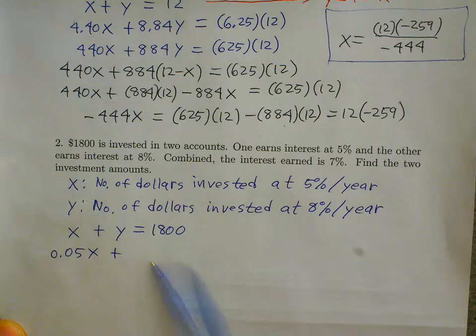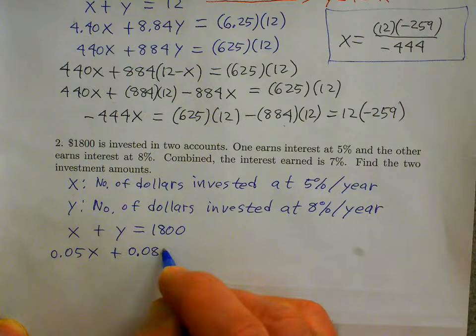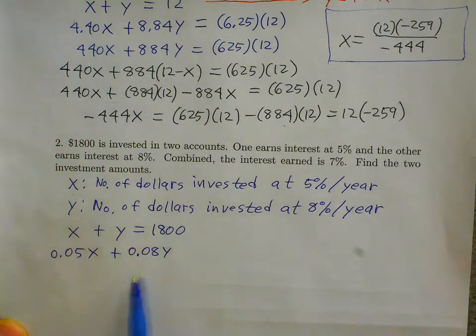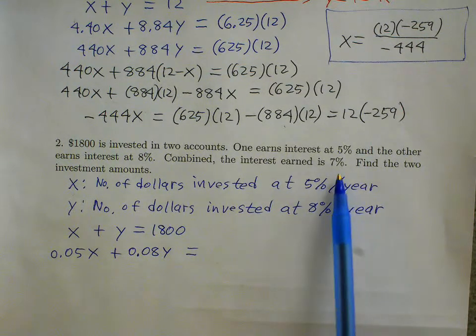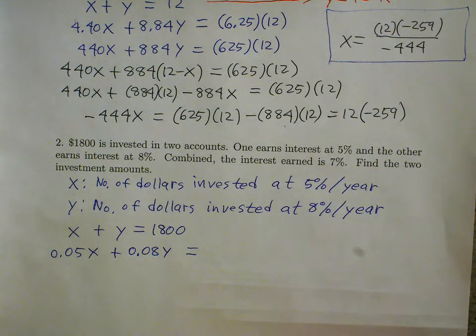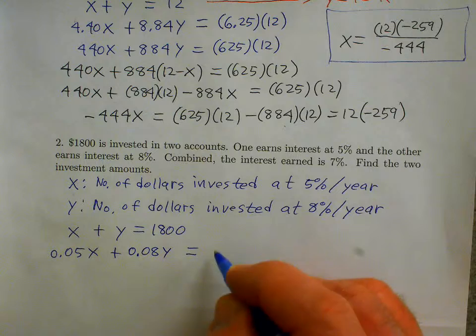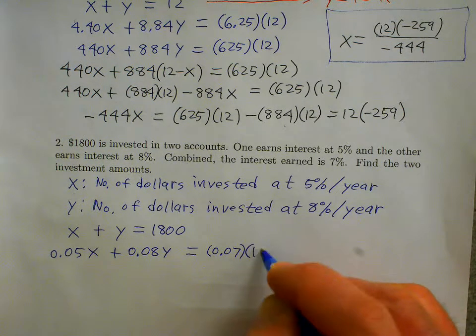So after 1 year, y dollars will earn 0.08 times y in interest. And if the combination amounts to $1,800 earning interest at 7% per year, then after 1 year, $1,800 is going to earn 0.07 times $1,800.